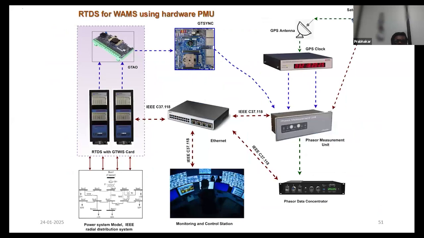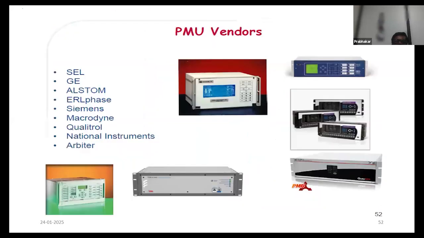So these are the hardware setups through which you can work on this PMU data, and how it can be useful in terms of the various communication networks used, and how it is interconnected. This slide also will be very helpful for those who want to purchase a PMU. GE, Alstom, Siemens, and NI I have come across.